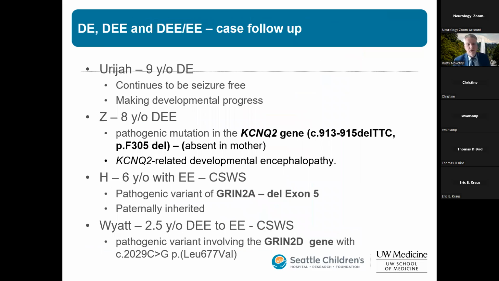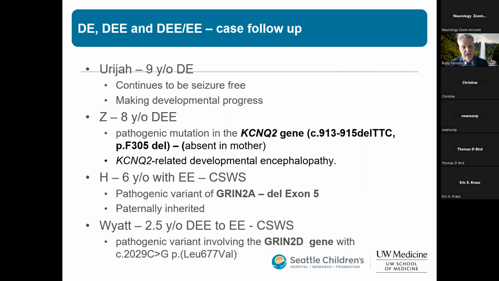So I just wanted to go back and give you the diagnoses on some of these cases. So Uriah, as I showed you with the double cortex syndrome, continues to be seizure-free. I would still consider him a developmental encephalopathy, not really having seizures. He's making developmental progress. He probably has mosaicism of the DCX gene that we're still looking at on a research basis.